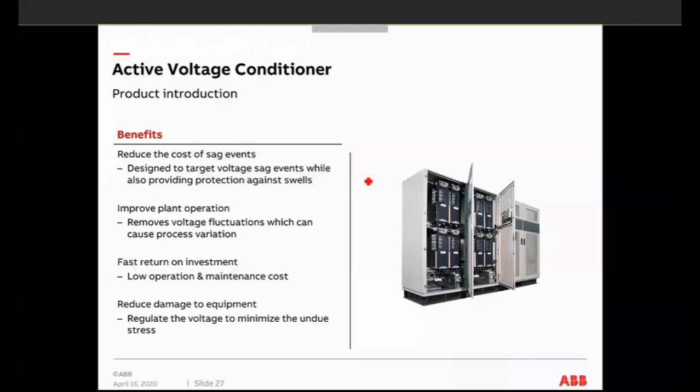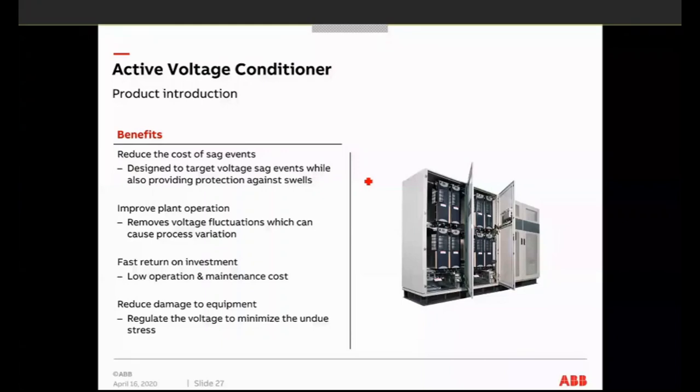That requires a one cycle solution. So in just one cycle you need to solve this issue. This product can solve it very fast, and it has a very low operation and maintenance cost, and it's very durable.